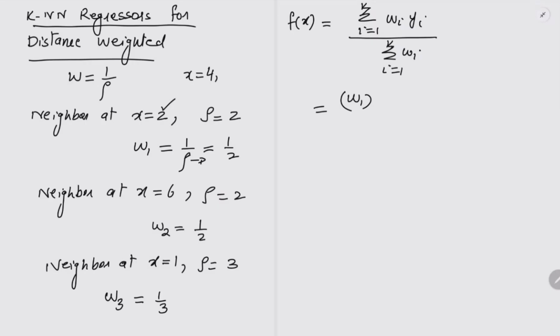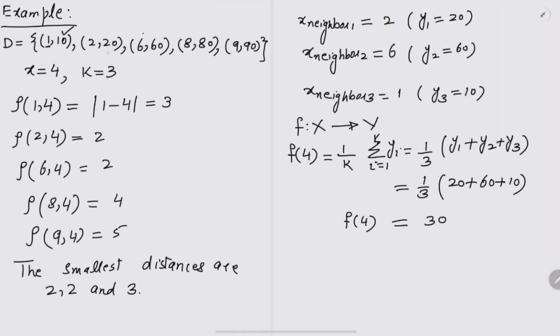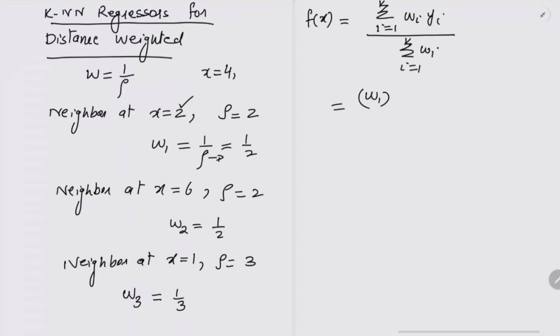At x equal to 2, we have 20, so we put 20 over here. Then we have W2, and what is the prediction for that? It is 60. You need to look at the data. Then W3, and the prediction is 10.